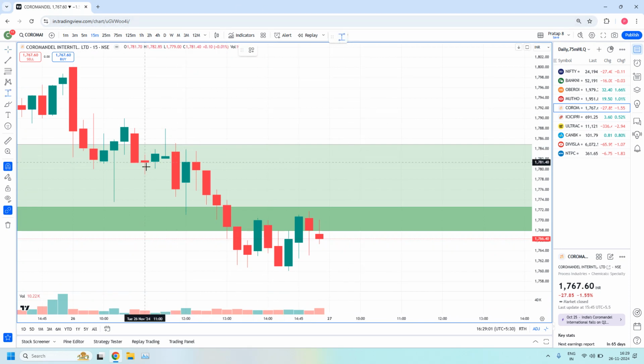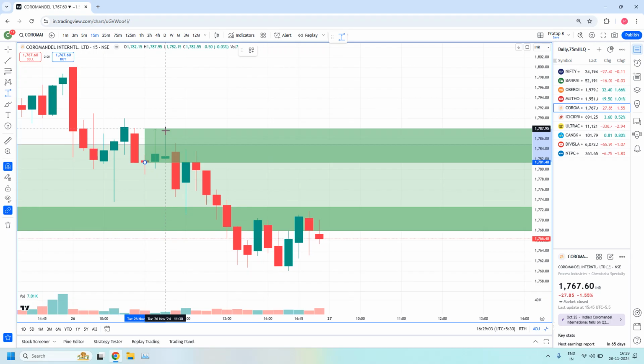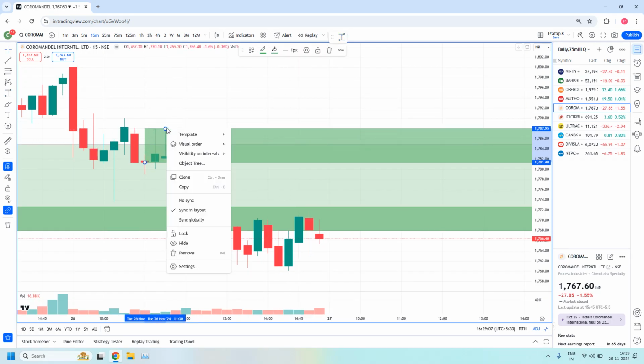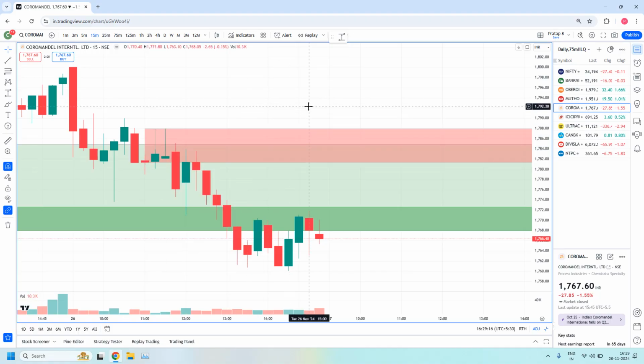So where you need to plan your trade, this is the one. This should be the target supply zone, the 15-minute supply zone. See, it gave an entry and reached the 15 minutes supply zone actually.